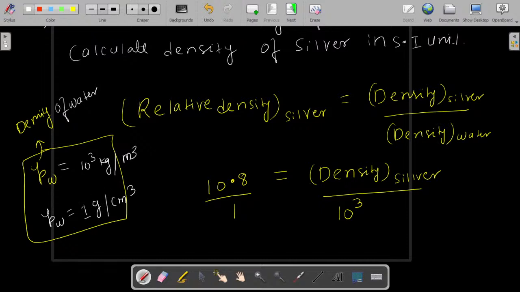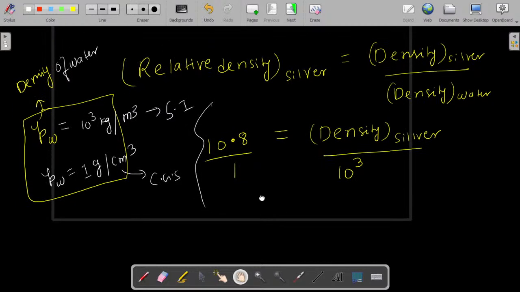Both are correct. This is in MKS or SI, and this is in CGS. Note down this. Now you will get the answer.